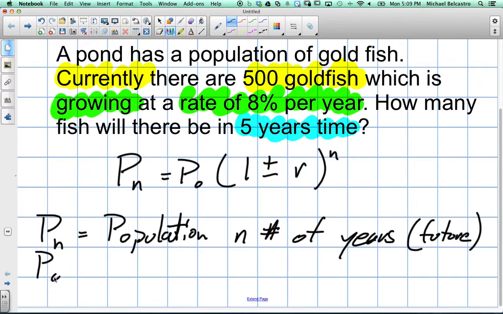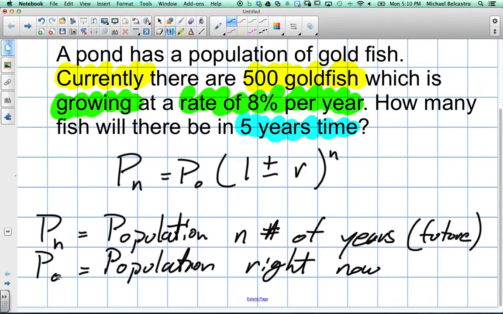P naught, or P0 sometimes, is the starting point. It's the population right now. Usually they'll say it at 0 years or at the very beginning, but for our sake, we'll say this is happening right now. So what's the population right now?